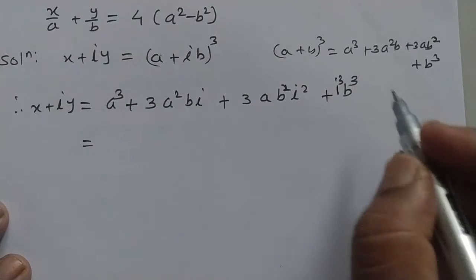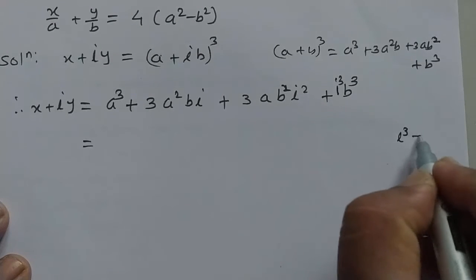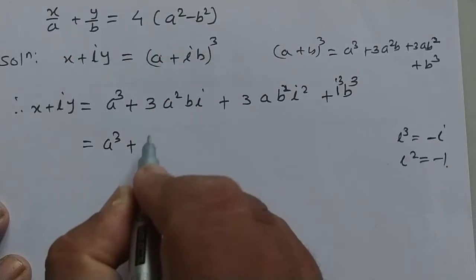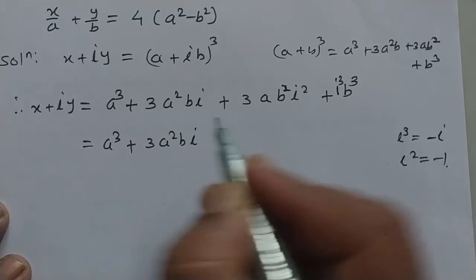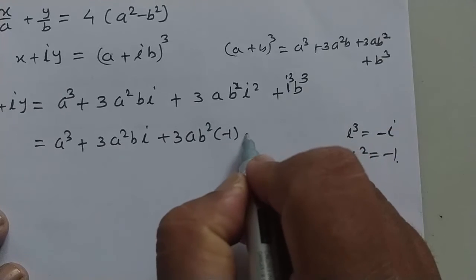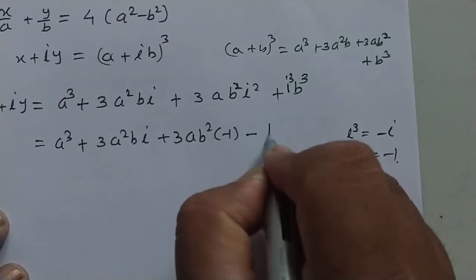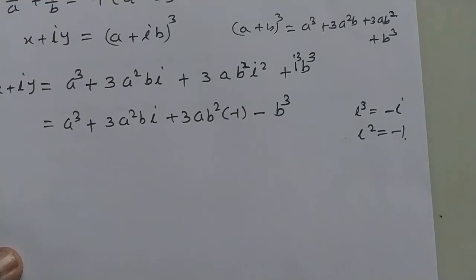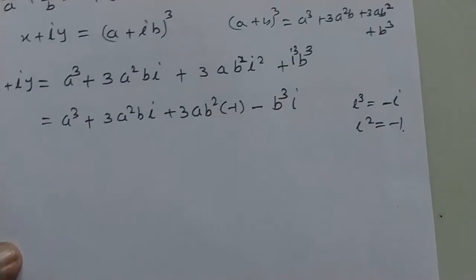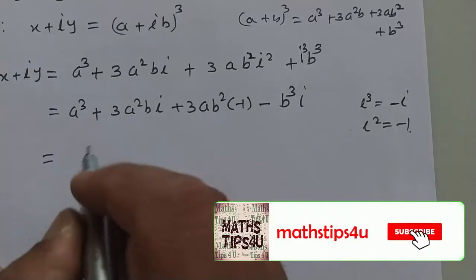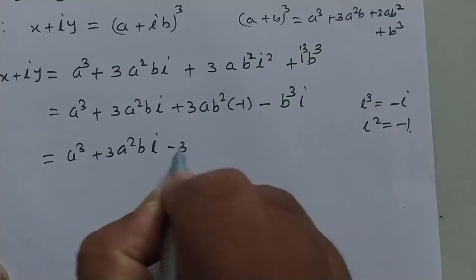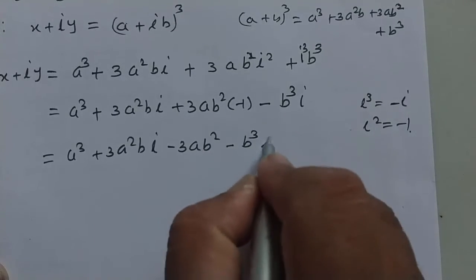So this is equal to, now i squared is equal to minus 1, so a cubed plus 3a squared b into i plus 3ab squared into i squared, which is minus 1, and i cubed is equal to minus i, so minus b cubed into i, which is equal to a cubed plus 3a squared b into i minus 3ab squared minus b cubed into i.